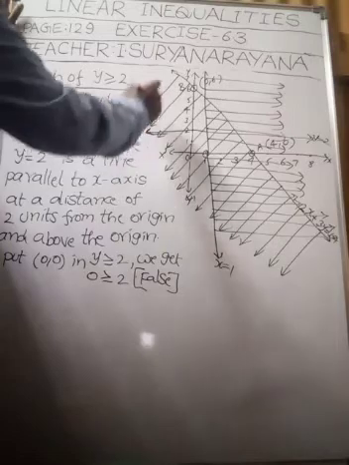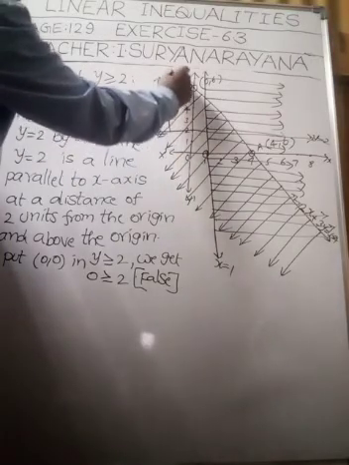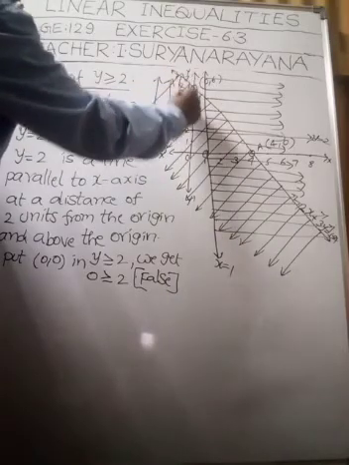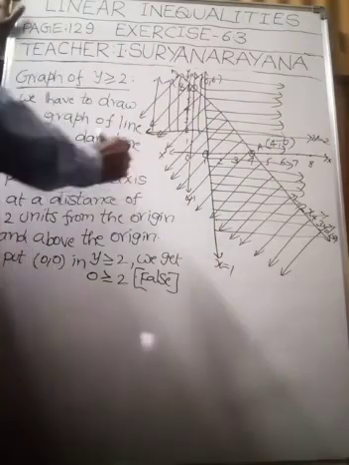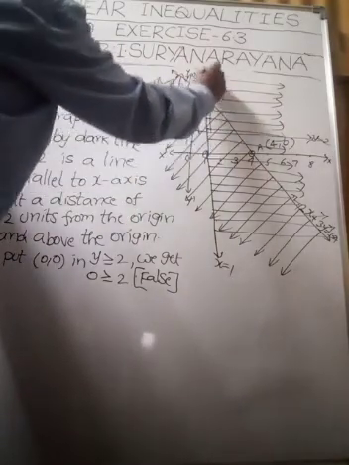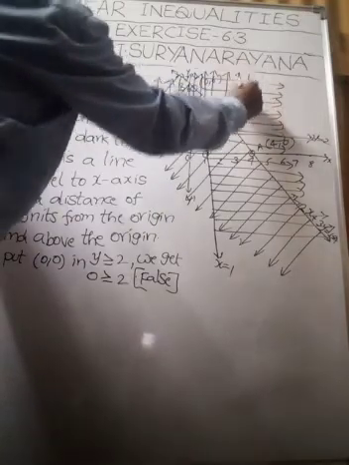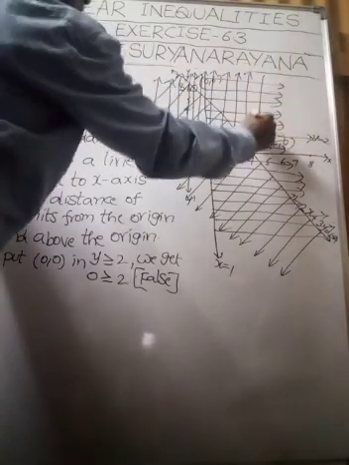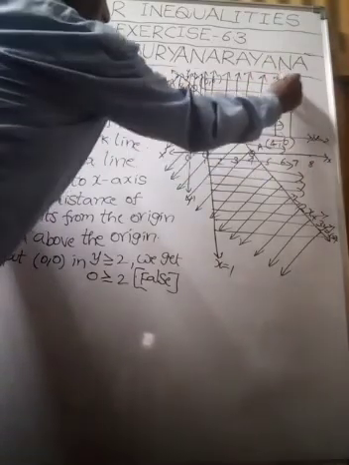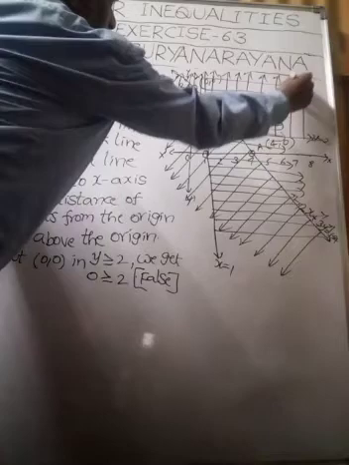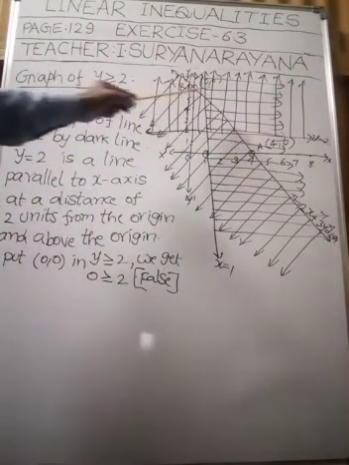So I am drawing vertical lines. Understood the graph of this y greater than or equal to 2, my dear children?